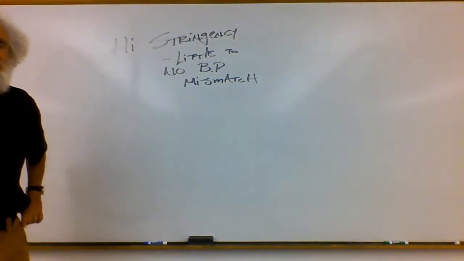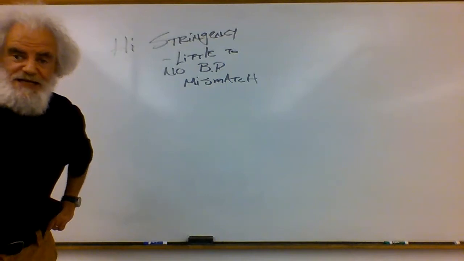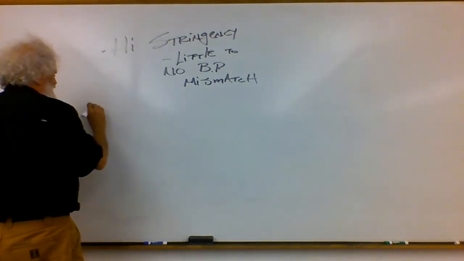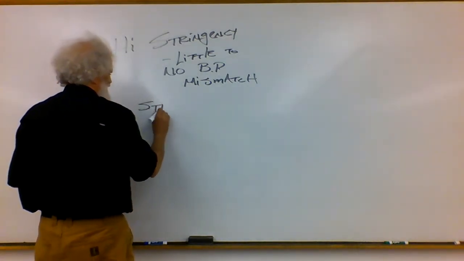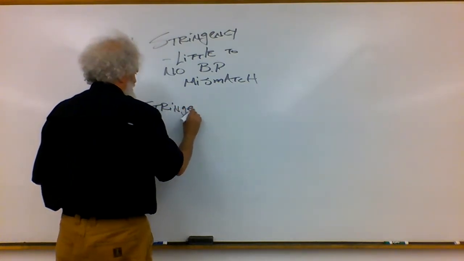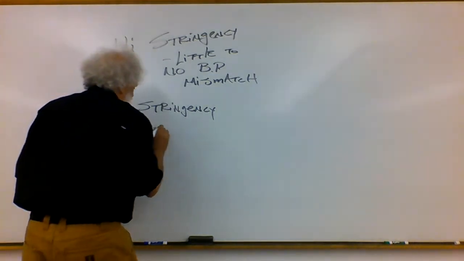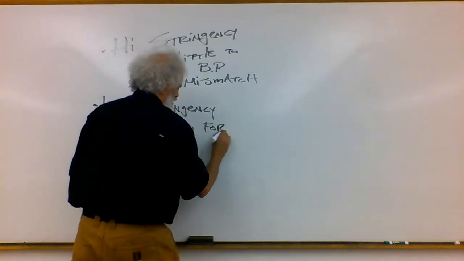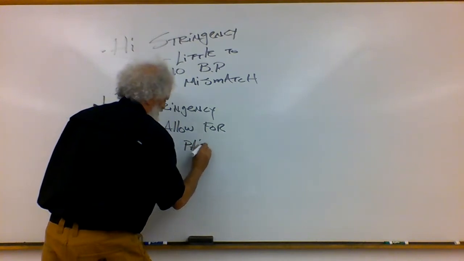So if you're looking for exact sequences, you would carry out the experiment under conditions that are very near the TM. On the other hand, a really cool experiment might be to run this at low stringency. Low stringency means that you're going to allow for base pair mismatch.